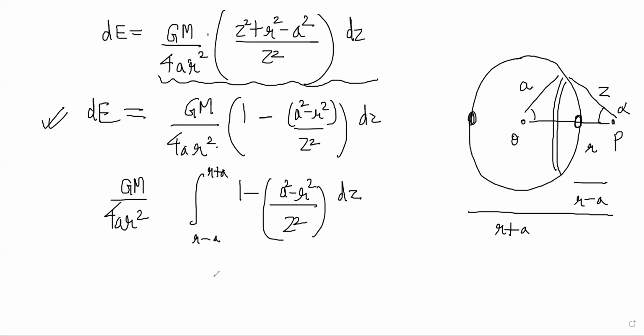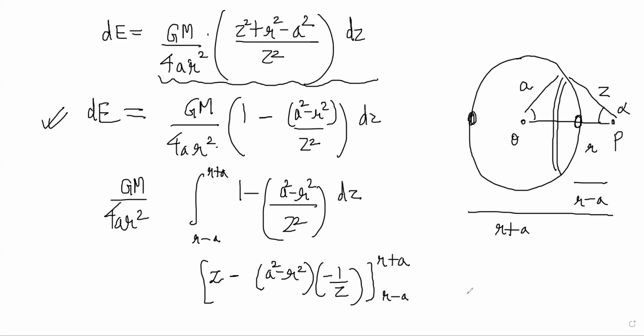So the integral is z, minus a square minus r square times minus 1 by z, with limits r minus a to r plus a. So you're getting z plus a square minus r square by z, evaluated from r minus a to r plus a.